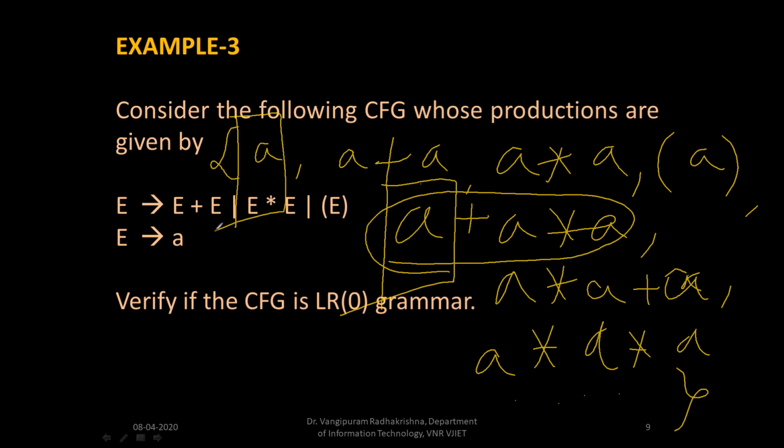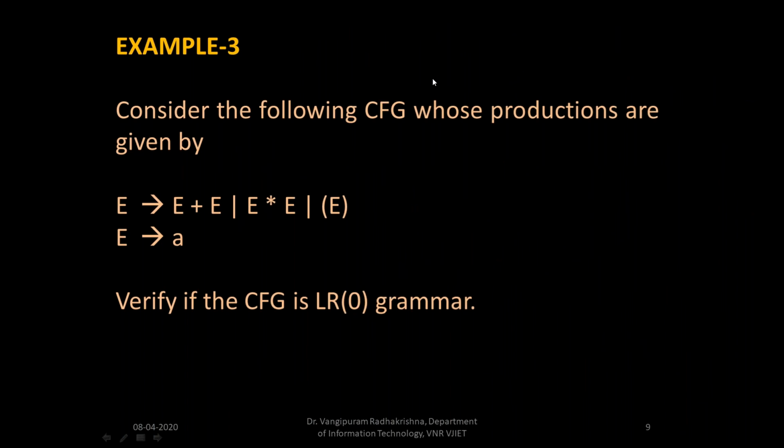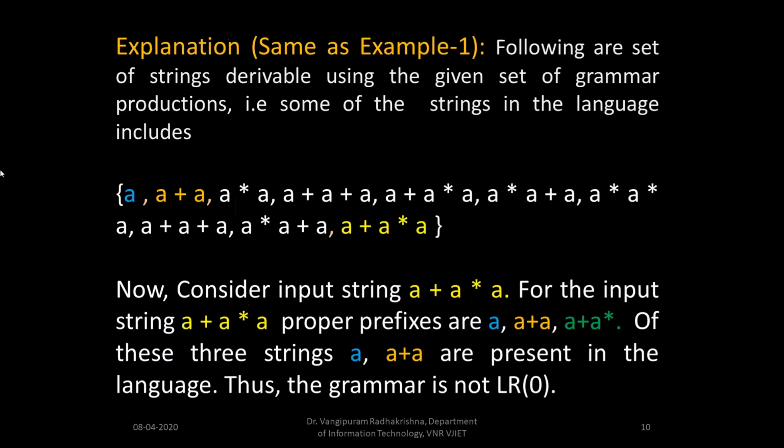This means that a plus a star a, which was randomly chosen, belongs to L, and then a, which is a proper prefix, also belongs to the given language. At the same time, we have another proper prefix, a plus a, also belonging to the given language. Since there is a proper prefix for the randomly chosen string, you can declare that the grammar is no more LR0. So as far as the given grammar is concerned, it is not LR0.